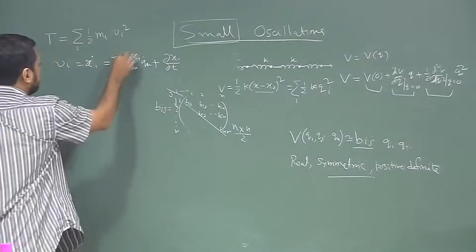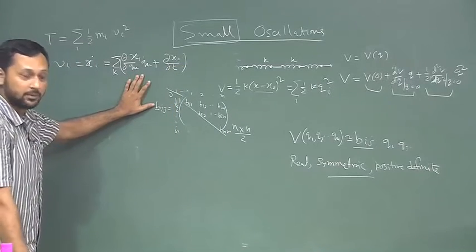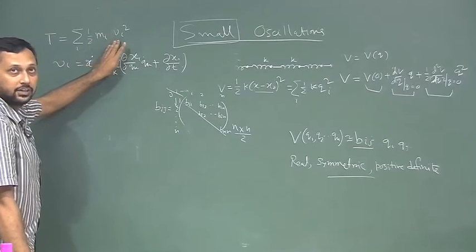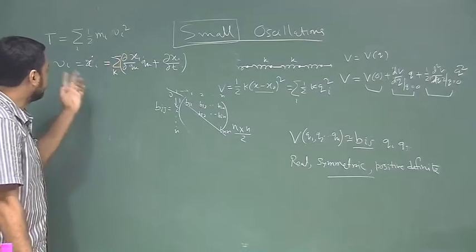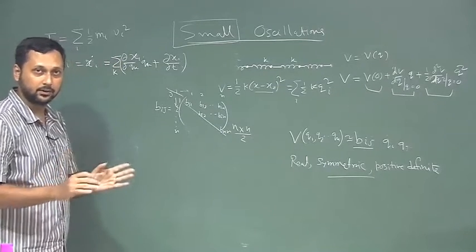This was the definition of velocity in terms of generalized coordinates. Please remember, T was originally defined in terms of v_i's, which are given in Cartesian coordinates. In principle, we have to bring it in terms of generalized coordinates.